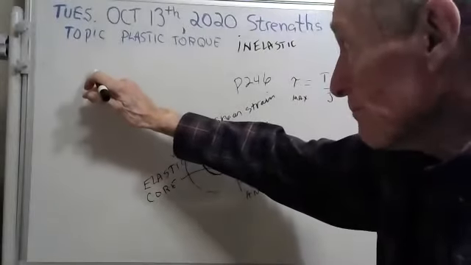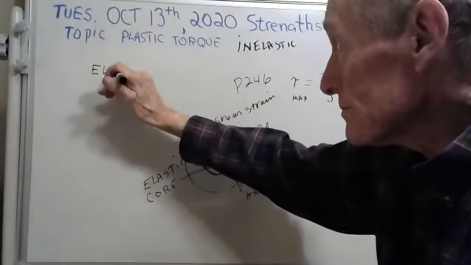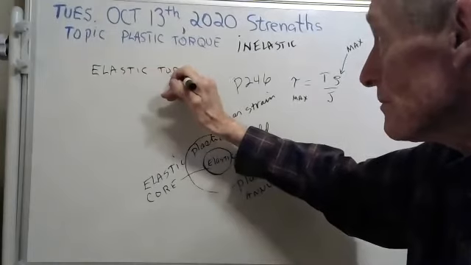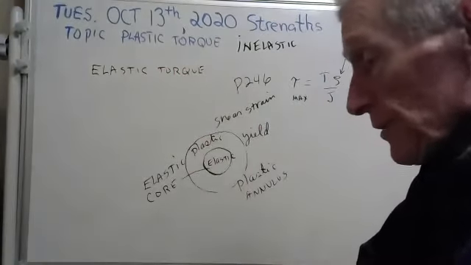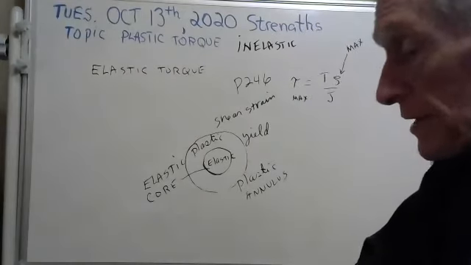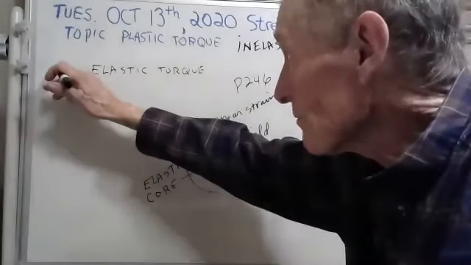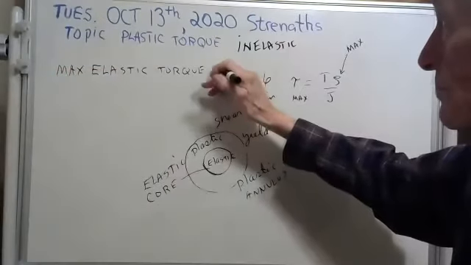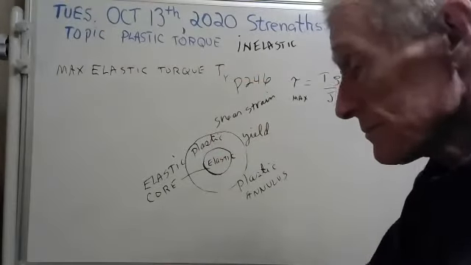You can have elastic torque. In fact, if you increase the external torsion on a rod, you'll reach a place where you'll have the maximum elastic torque, and the symbol for it is T with a little Y on it.